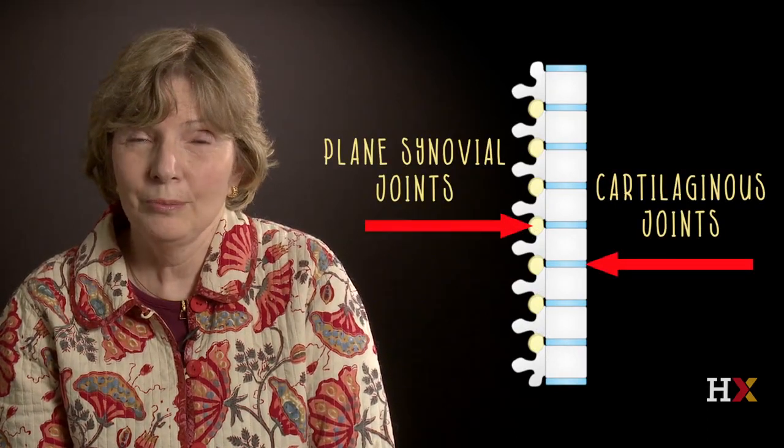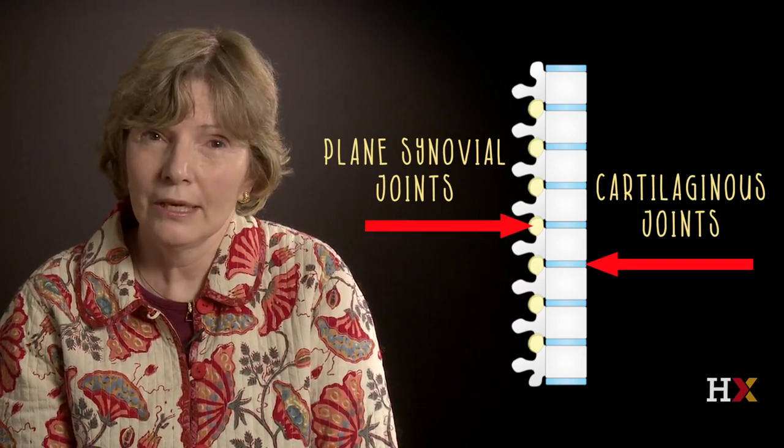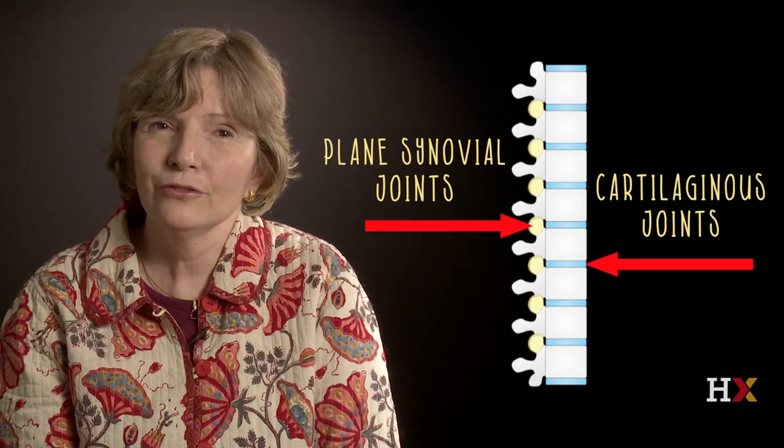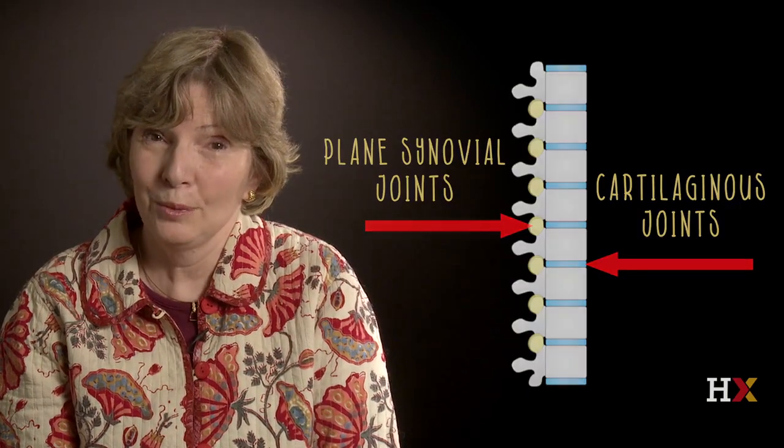And as you flex and extend your spine, not only do the intervertebral discs change their shapes, but the bones meeting at the synovial joints will slide across one another. So two sets of joints in the spine: the cartilaginous joints, the intervertebral discs uniting the bodies, and then a series of synovial joints between the articular facets on the back of the vertebrae.